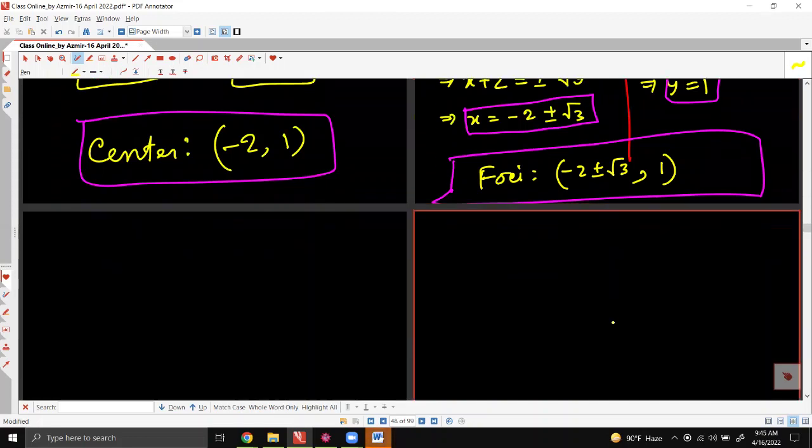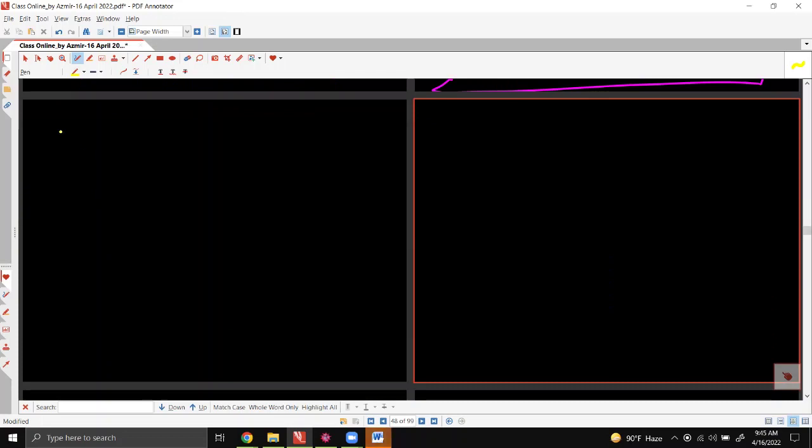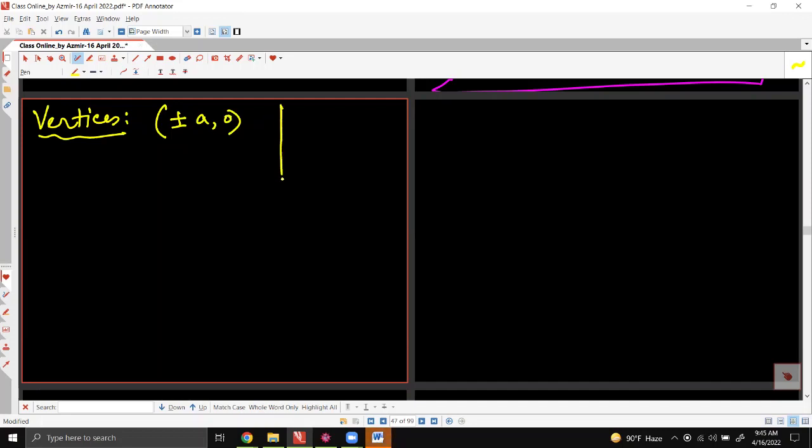Now let us find the vertices. So the main vertices are plus minus a comma 0, and the co-vertices are 0 comma plus minus b.